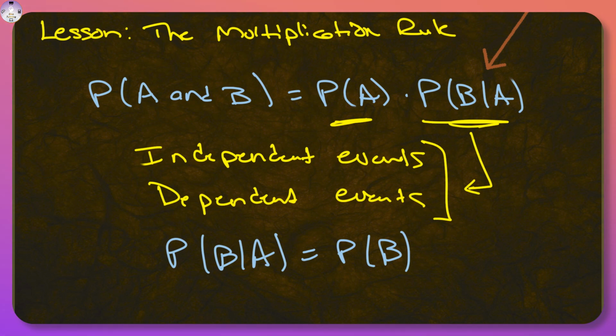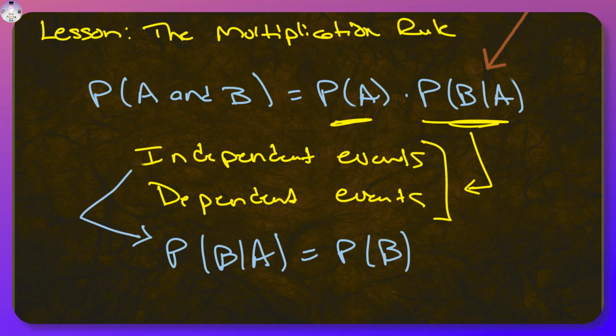If your two events are independent, then the probability of event B, given that A already occurred, is just the probability of B. And let's look at an example.